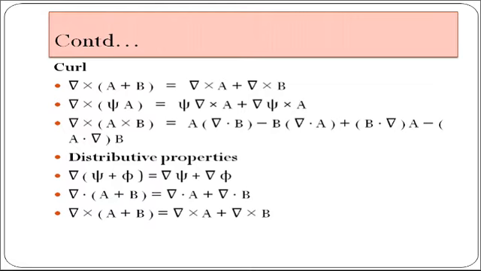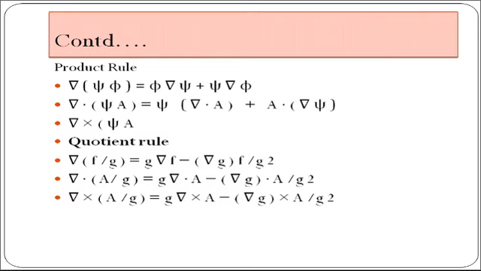Del dot (A plus B) is equal to del dot A plus del dot B. Del cross (A plus B) is equal to del cross A plus del cross B. So distributive properties are those properties when we take two scalars in case of gradient and two vectors in case of divergence and curl, add them and then find the gradient, divergence and curl. So these are called the distributive properties.